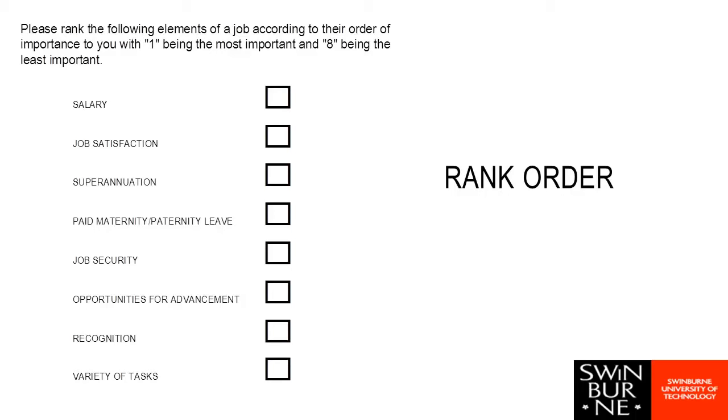We could find that males and females value maternity leave and paternity leave quite differently from one another. So we do need to be quite careful when we are looking at our rank order and analysing it, because if we average out, we could be losing information where there's differences between groups.